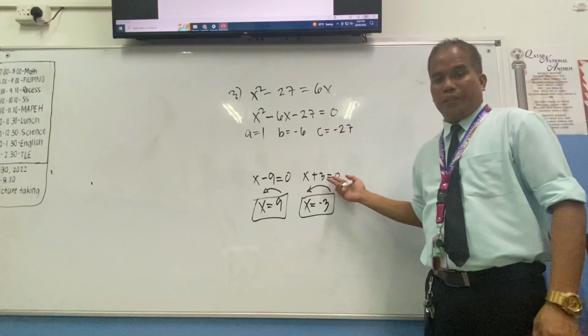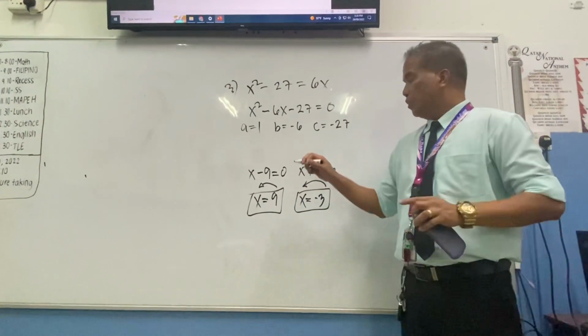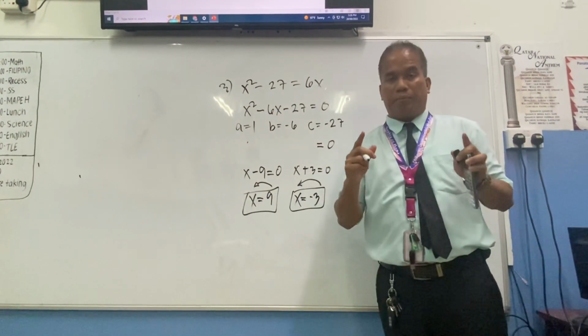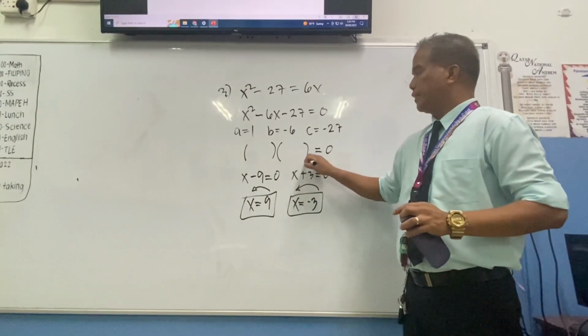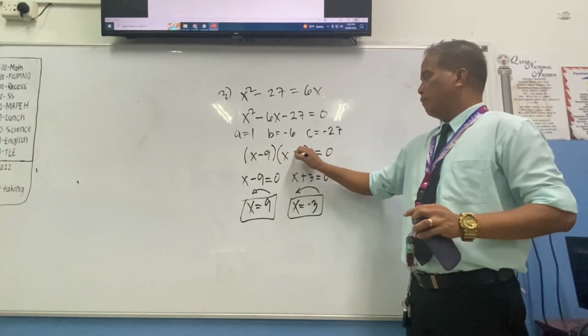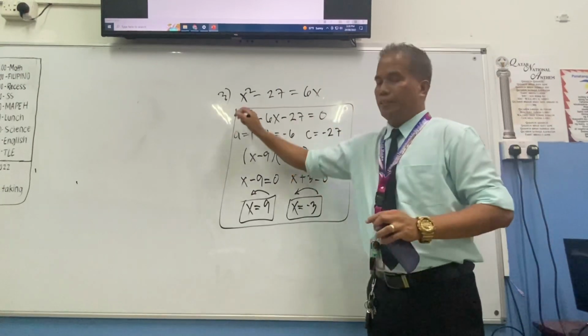So there are 2 zeros. Now, we will combine them into one 0. Then since the method is factoring, all you have to do is just write 2 parentheses. So copy this one, x - 9, then copy this one, x + 3. So this is now your complete solution.